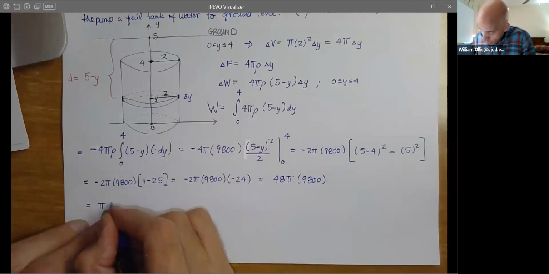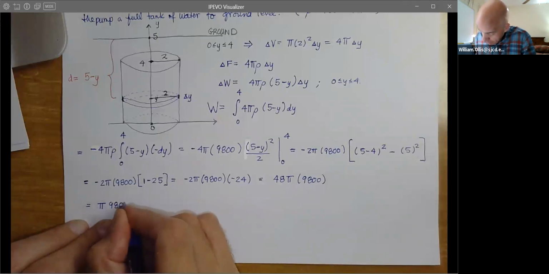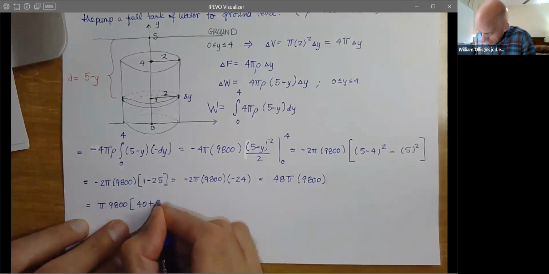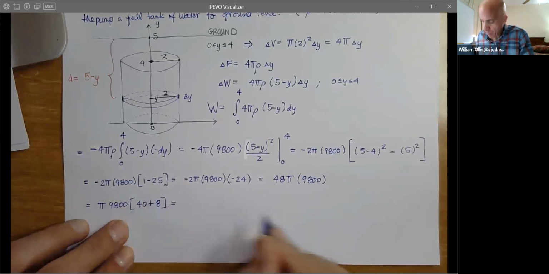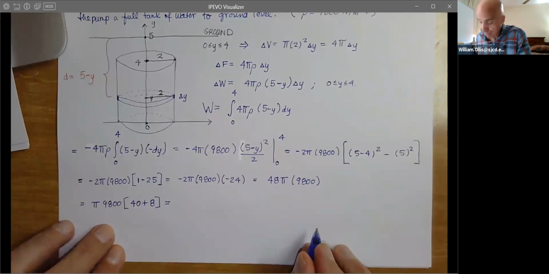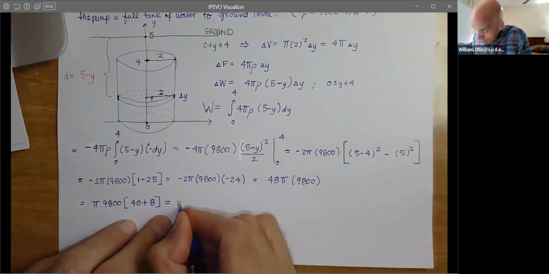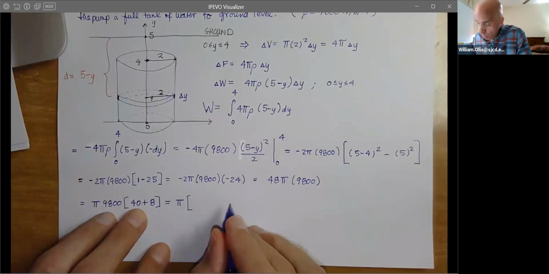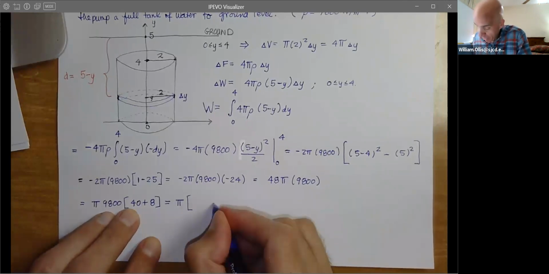And we're going to do 9800. And I'll just write this as 40 plus 8. Since that's pretty simple. That'll make the arithmetic pretty easy. We can do that. So this will give us pi. So we'll first multiply by 4, and then I'll add the 0.